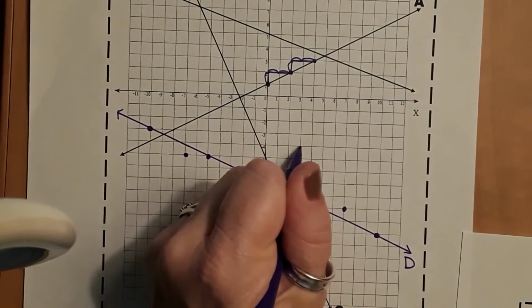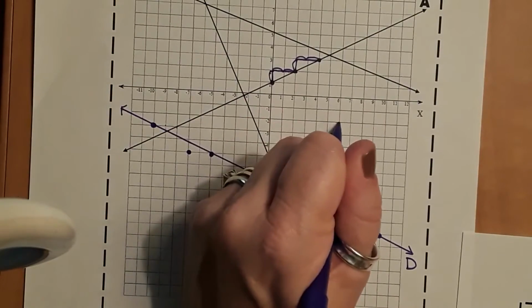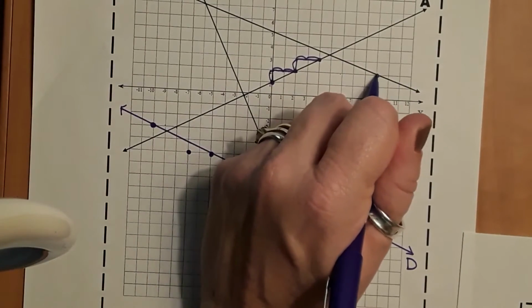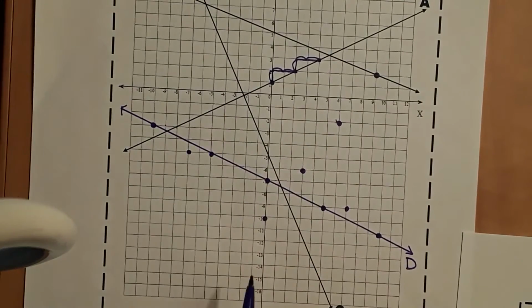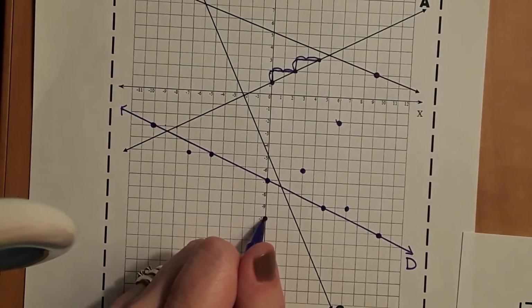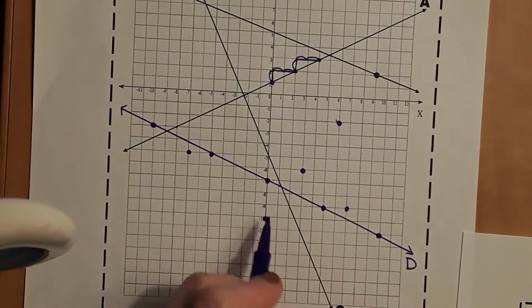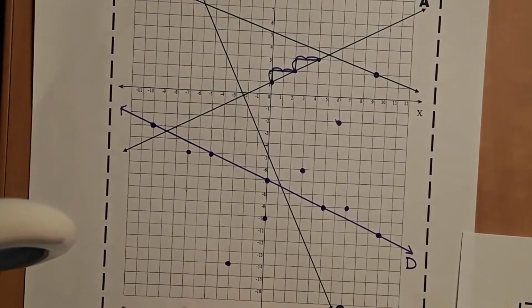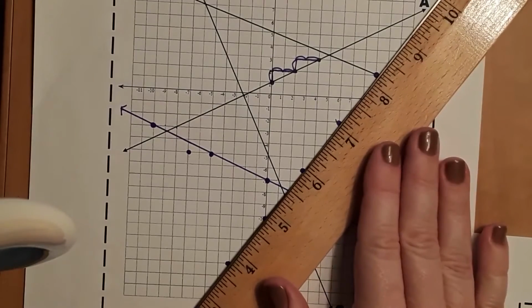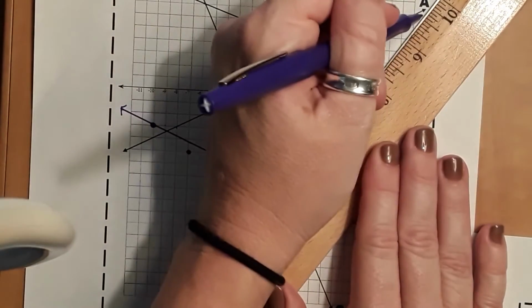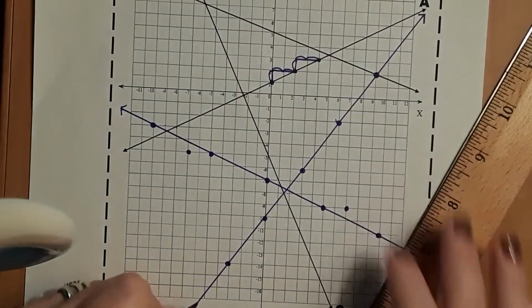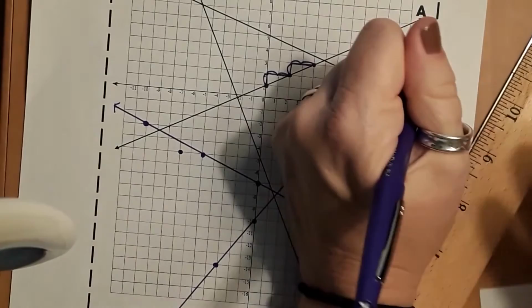When I hit another line, we call this an intersect, when the two lines run into each other, just like if you were in a car and you go to an intersection. We can go down 1, 2, 3, 4 over 1, 2, 3. Taking my ruler again, I'm going to connect those points. We're going to label this line E.